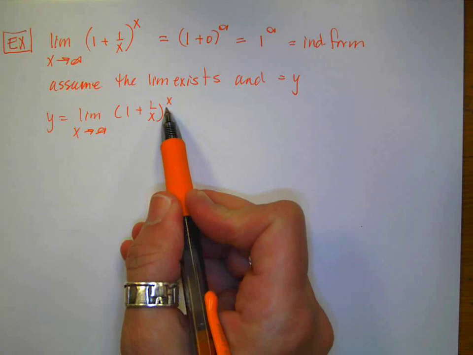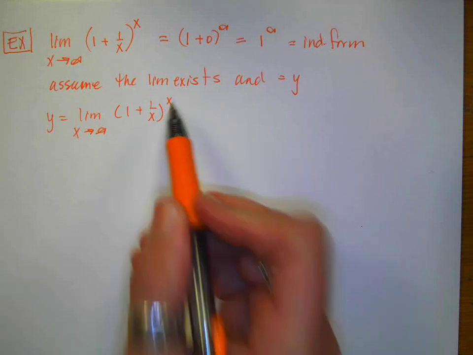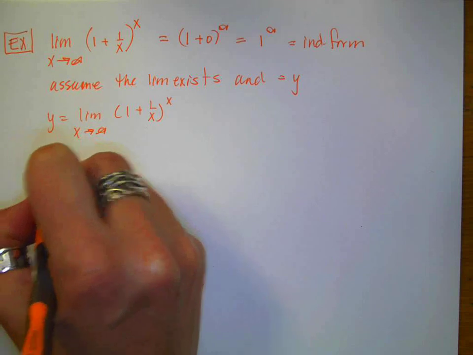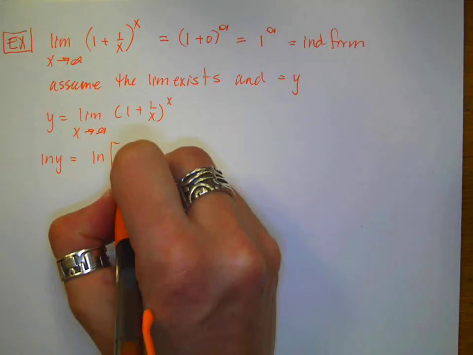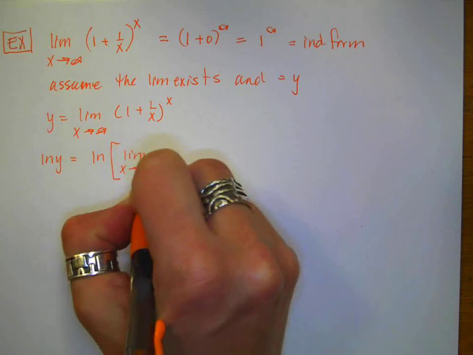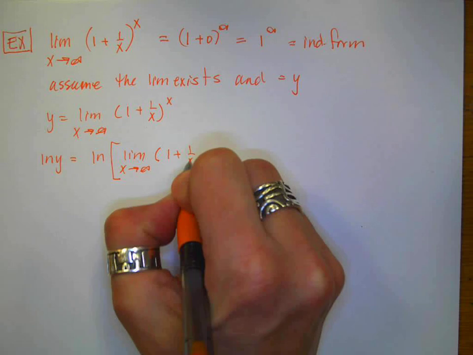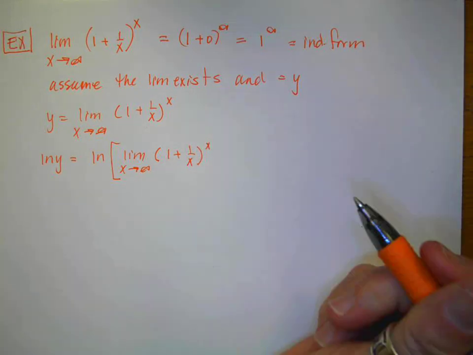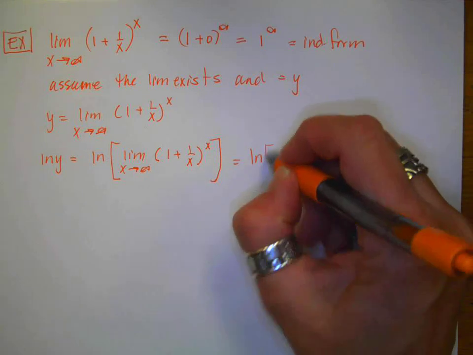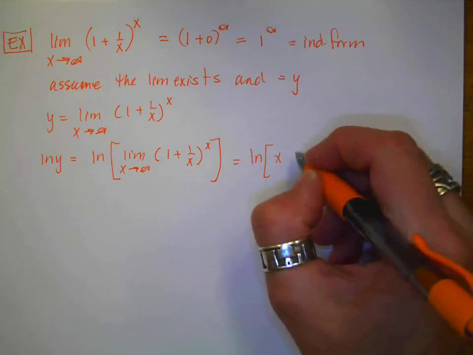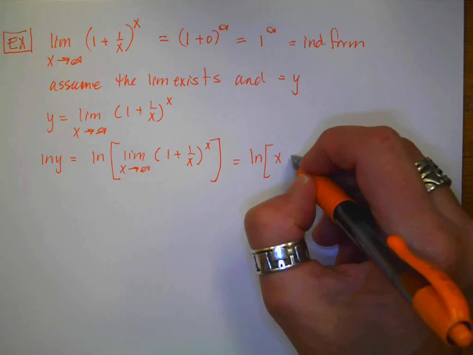Because I have a variable in the exponent position, I'm going to take the natural log of both sides. So the natural log of y is equal to the natural log of the limit as x approaches infinity of (1 plus 1 over x) to the x. Then I can rewrite this because the exponent goes out front.